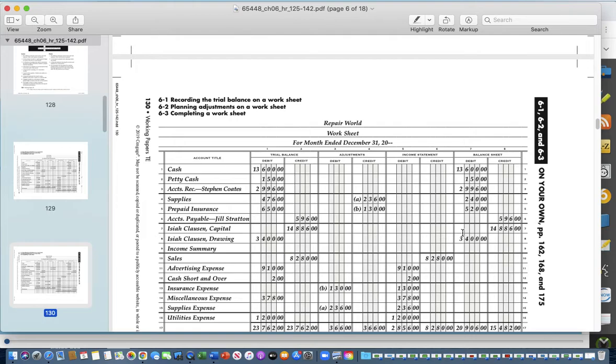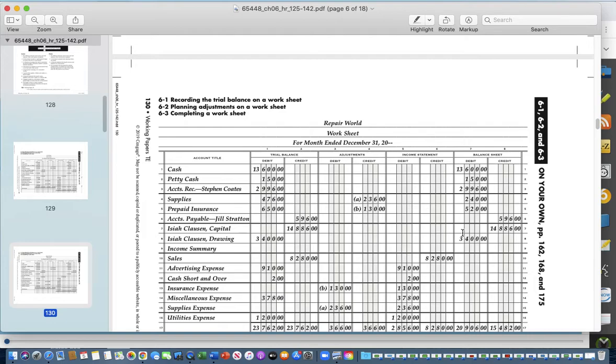Why are these in balance sheet and these in income statement? Because the 100 accounts, the 200 accounts, and the 300 accounts are assets, liabilities, and owner's equity. They are listed in the balance sheet. So when somebody says balance sheet accounts, you want to think assets, liabilities, owner's equity.